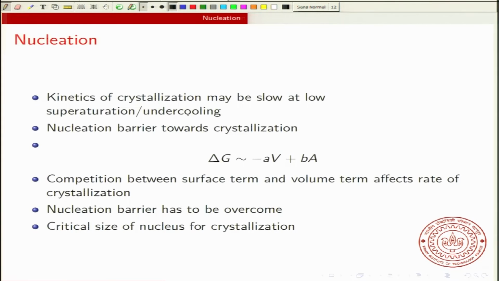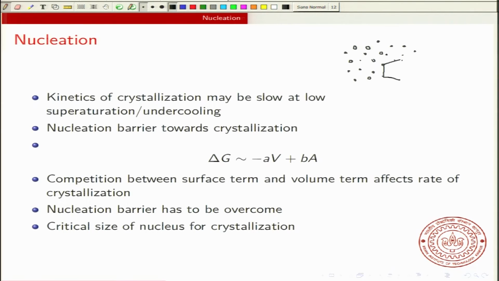The reason crystallization is slow, even though you are below the melting temperature, is that there is something called a nucleation barrier towards crystallization. How this arises is the following. Let us take the simple case where you have a liquid, and in this whole liquid a small part of the liquid somewhere here becomes a solid.